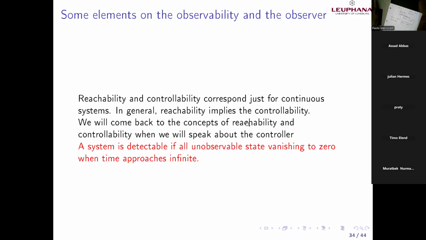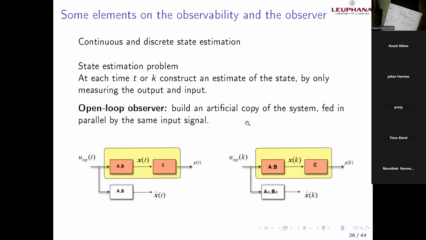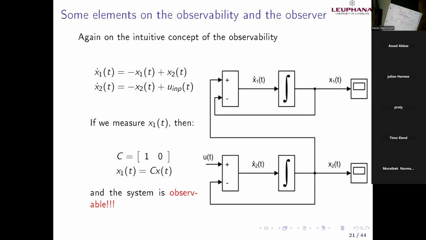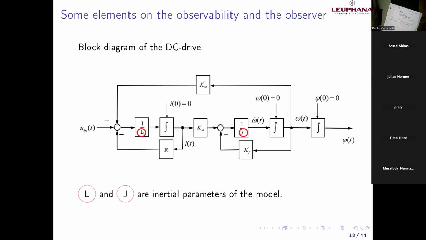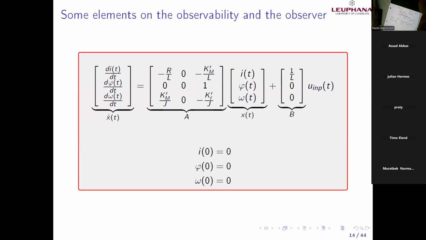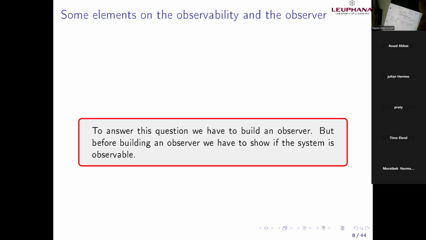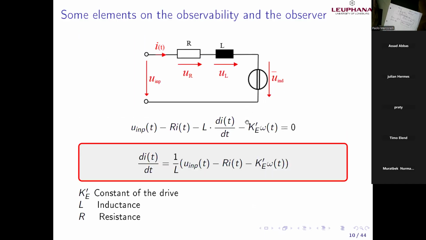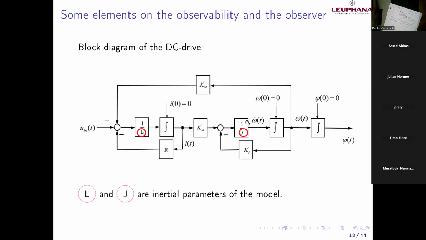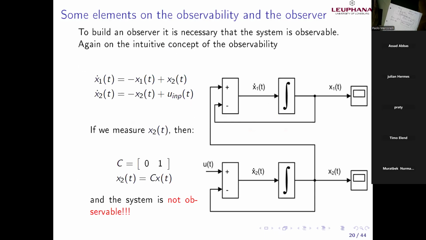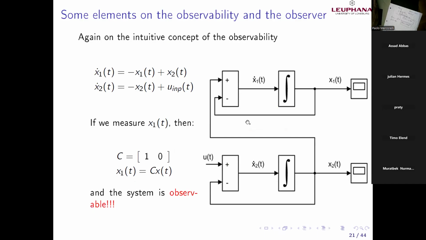Let me come back. It's exactly the first system, which I don't remember what it is. Yeah, it's this example here, but in the case of observability, we can see 1, 0.